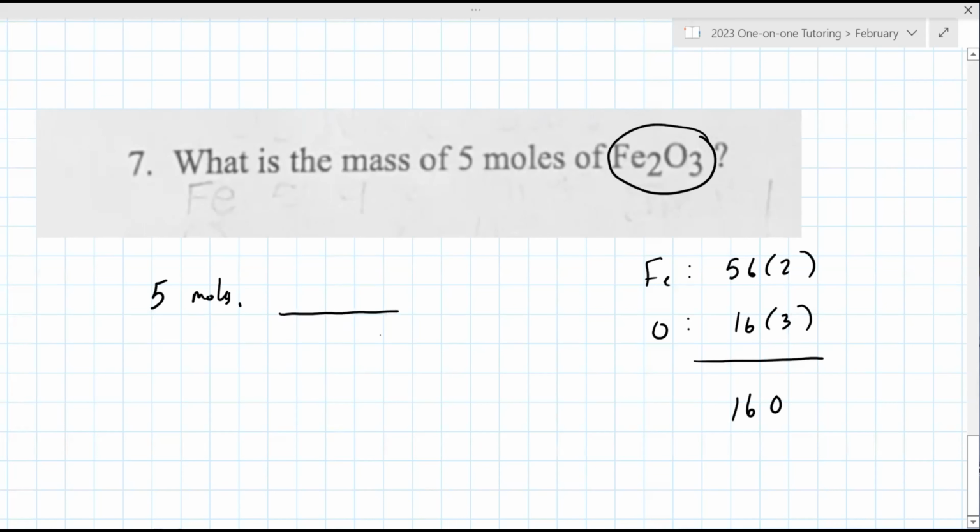Okay, and then on the bottom here, it's always got to match. So 1 mole is 160 grams. So 5 times 160 is about 800 grams. So again, whatever's on the top will cancel with whatever's on the bottom.